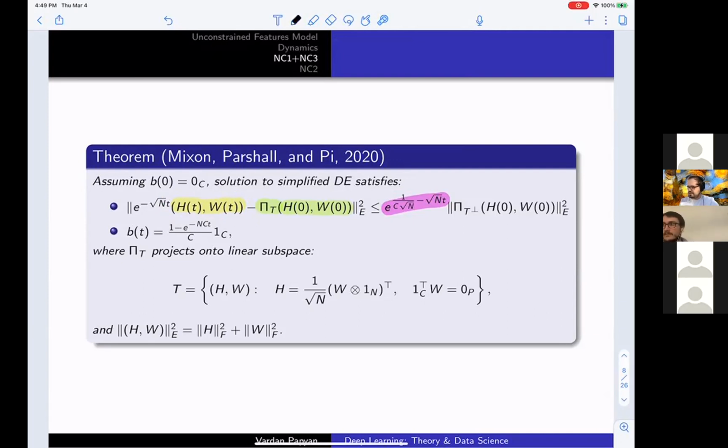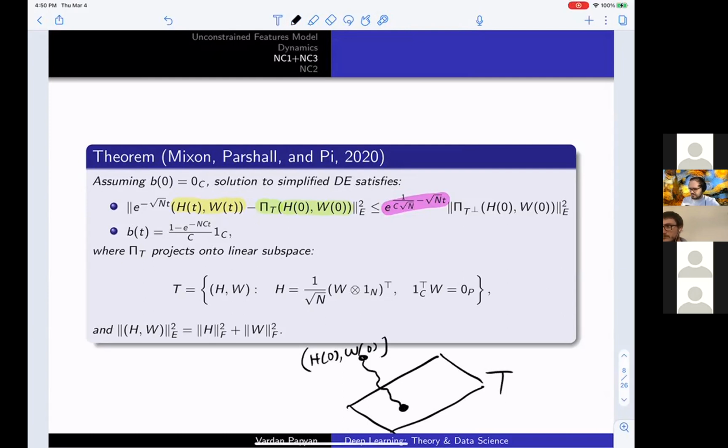Maybe I can draw a picture, by the way. So here is a linear subspace of some sort, and you initialize your optimization. The idea is that you find yourself very fast on this subspace. So this is the subspace T. This is H0, W0 at initialization.